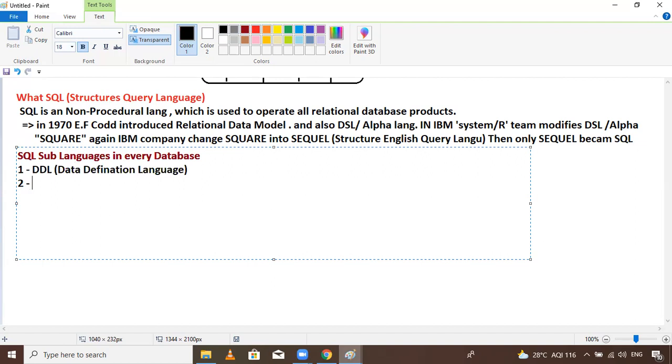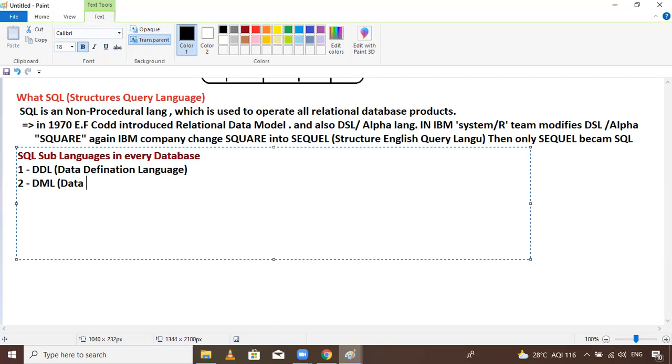Now next is DML, data manipulation language. Just read the name, then you will get clarity about what DDL is saying.